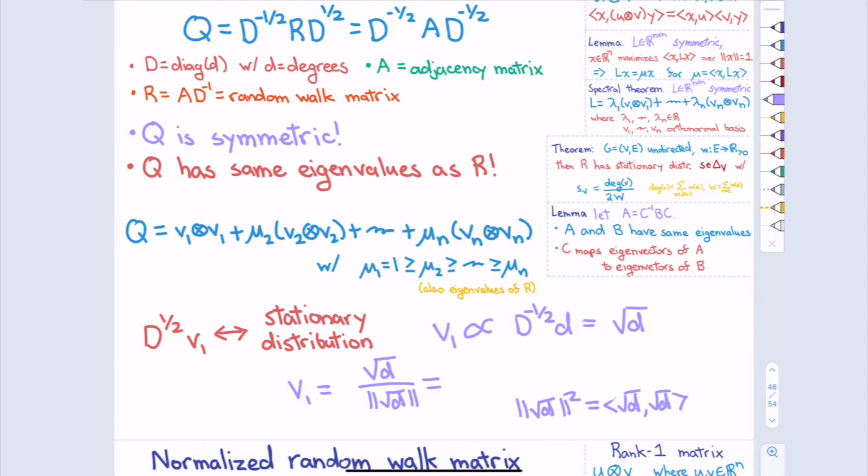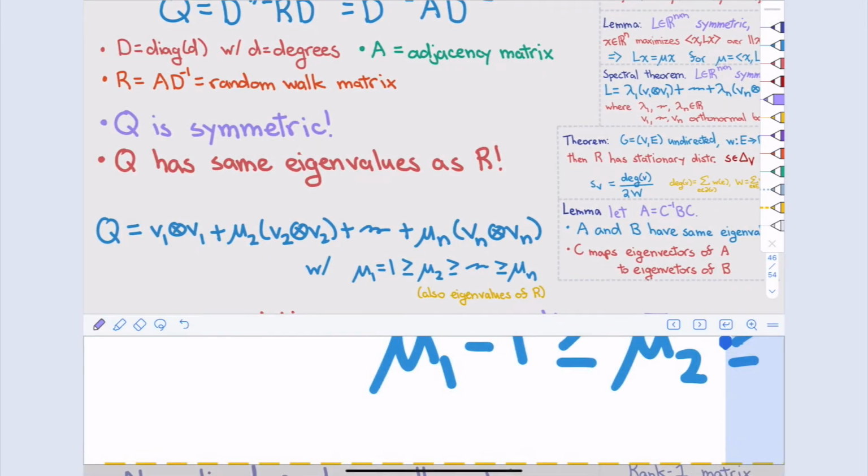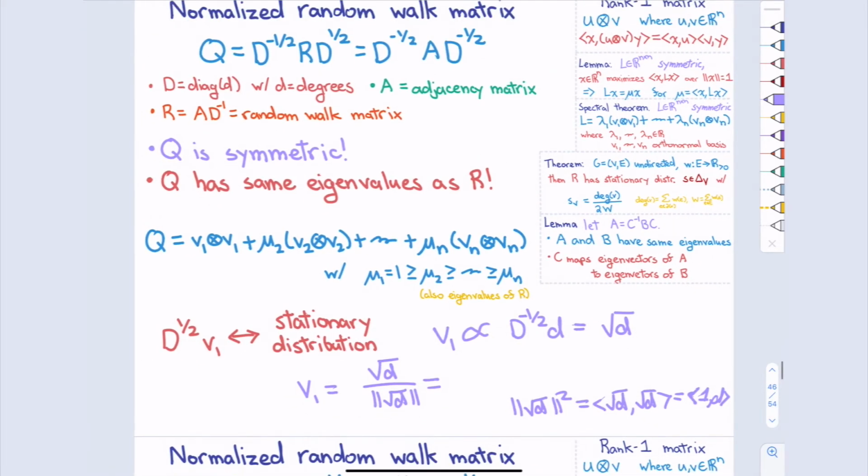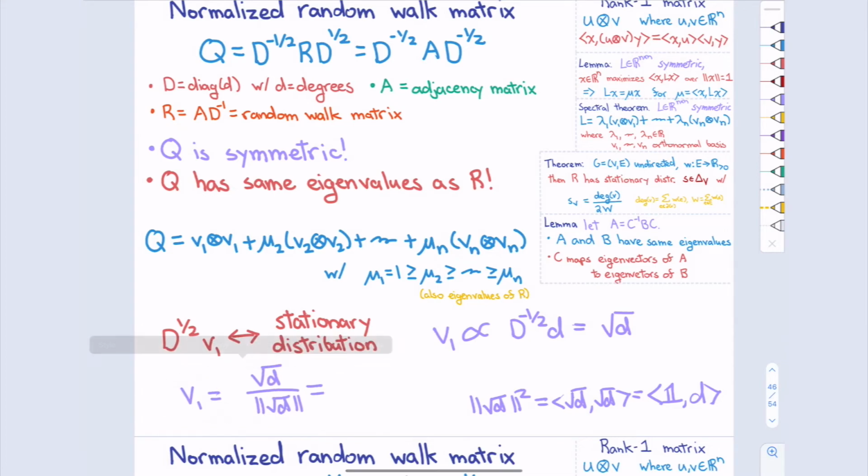So you get rid of the square roots, and you get the sum of degrees. That tells us that v1 is exactly square root d divided by the square root of the sum of all the degrees, which is also equal to 2 times the total weight of all the edges.